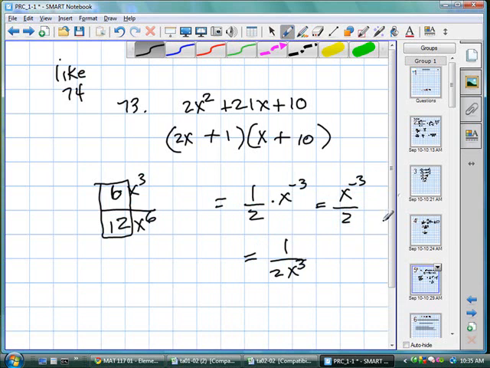Depending on whether the book said, hey, I don't want any negative exponents in the answer, then you would answer it like this. And if they don't say that, this would be perfectly okay too. So I like to compartmentalize them. Put the numbers in one little problem, put the variables in another, and do them separately. That's usually a pretty good way to do that.